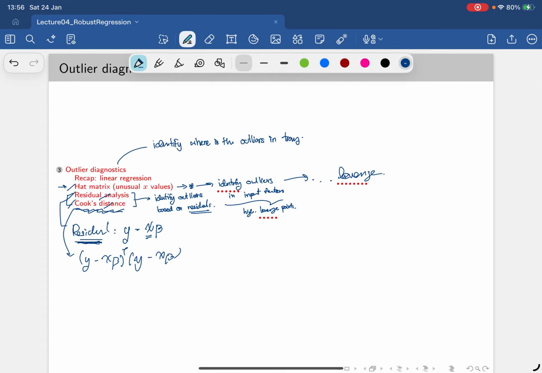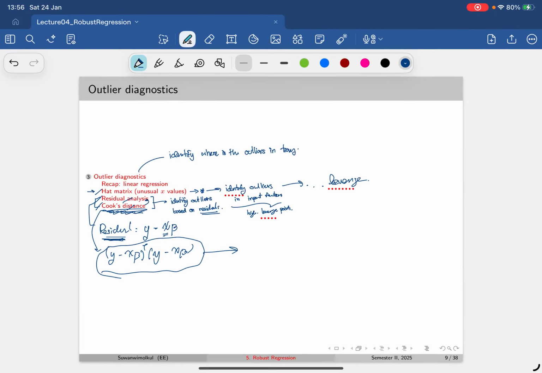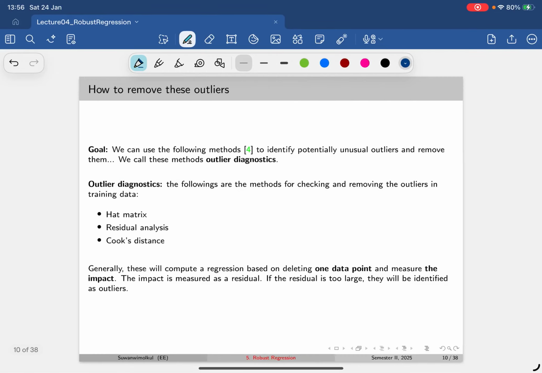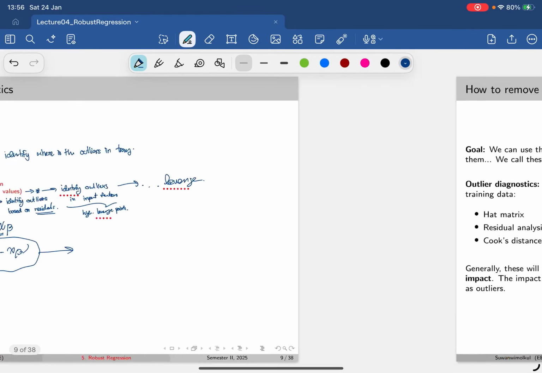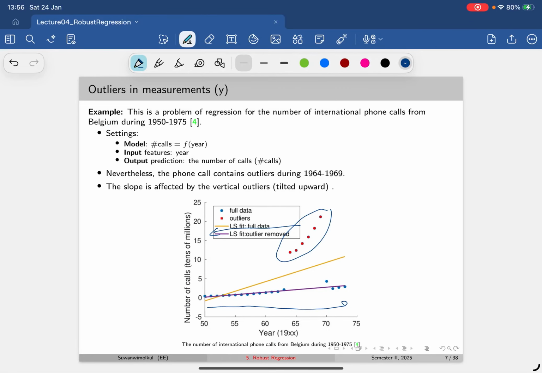And actually, Cook distance is the one that can calculate this residual term in a much simpler way compared to the residual analysis. In fact, you can run the Cook distance much more efficiently compared to the residual analysis. And they actually proposed a new formulation where you can integrate the hat matrix into the Cook distance.